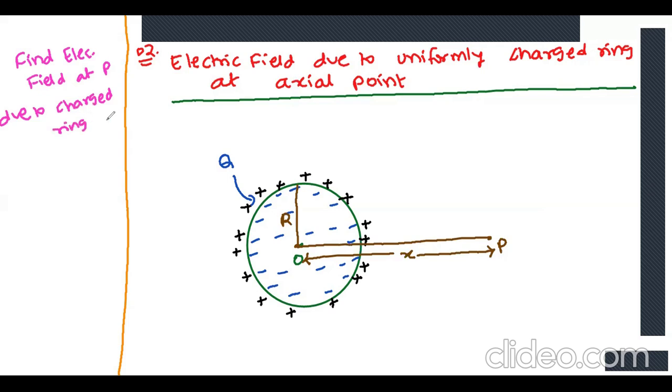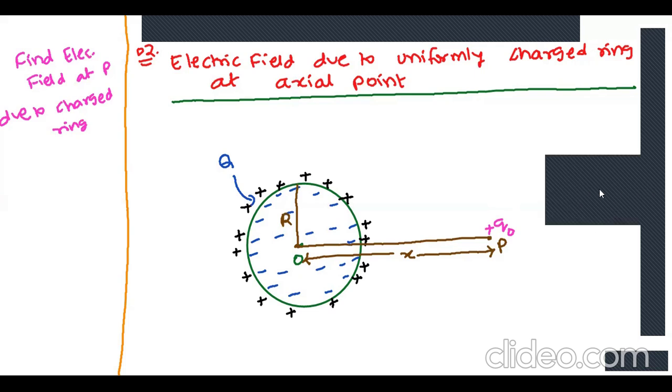Due to the charged ring, I need to find the field here. So wherever I want to find the electric field, at that place we'll place a test charge. Now let us consider an infinitesimally small element, having a charge dq.